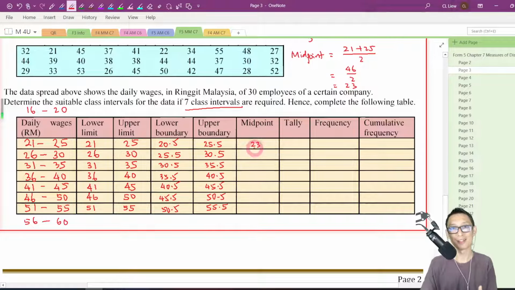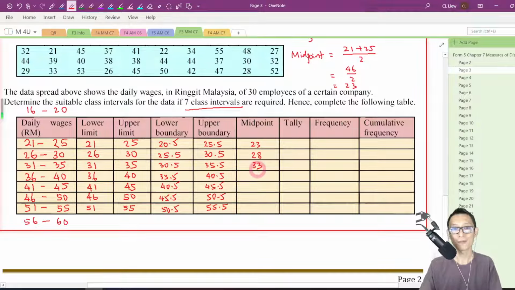Since we know the size of the class interval here is 5, you just take 23 plus 5, 28. 28 plus 5, 33, and so on. But when you are using this method, you need to be more careful because you keep on adding. If there is a mistake in the middle, then all the answers underneath will be incorrect.